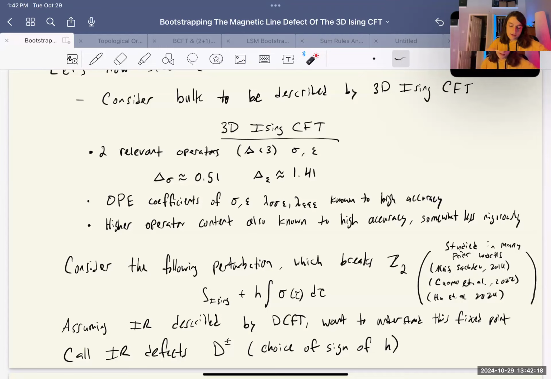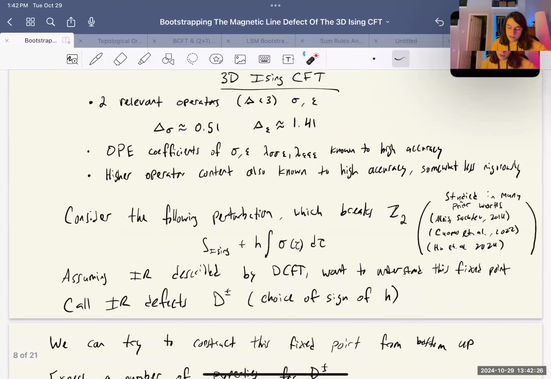Now what we're going to do is start from the 3D Ising CFT in the bulk, and then make this specific perturbation where we integrate the sigma operator along a line. What we want to do is understand the IR fixed point of this defect that we create.